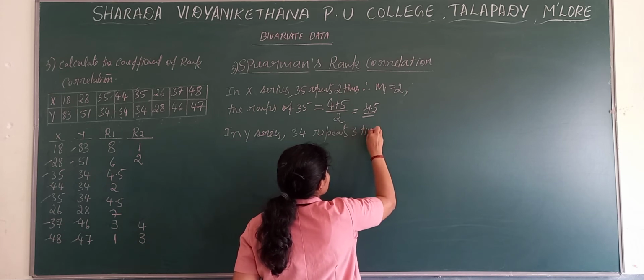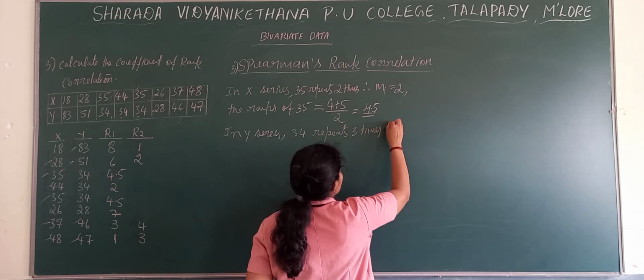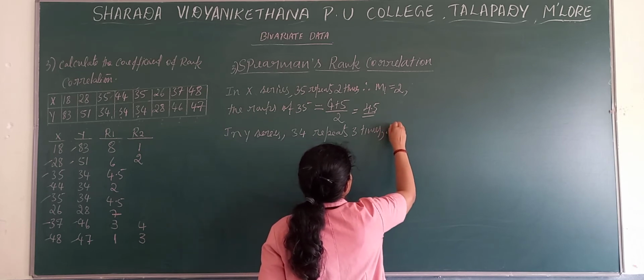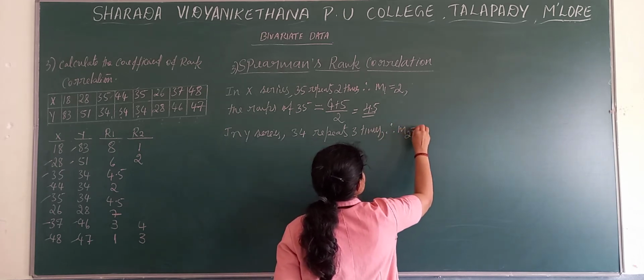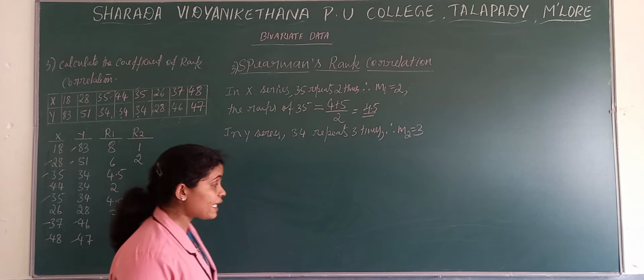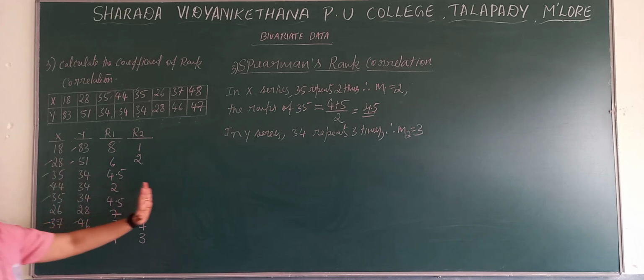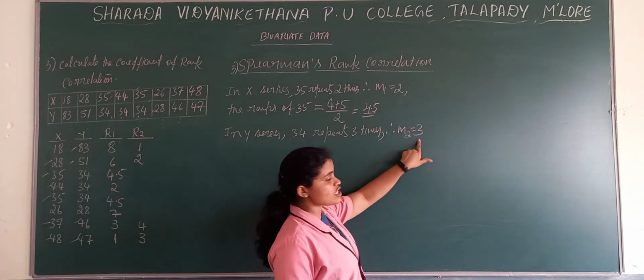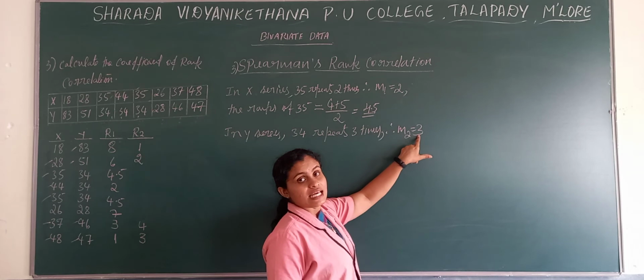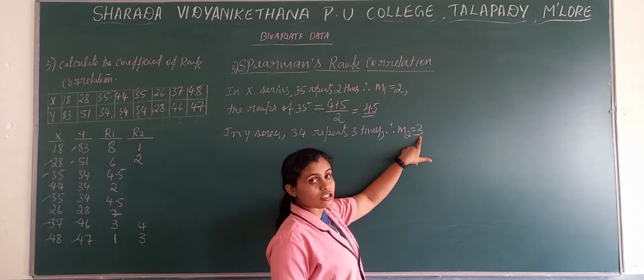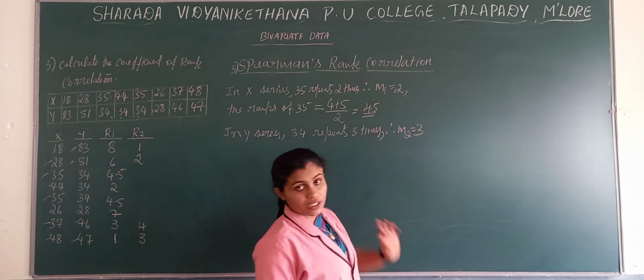So therefore m2 is equal to 3. The second value which repeats, the first value we got in the first series, the second value which repeats is 34. So we take m2 is equal to 3. How many times does it repeat? 3. The second value repeats 3 times, the first value repeats 2 times.